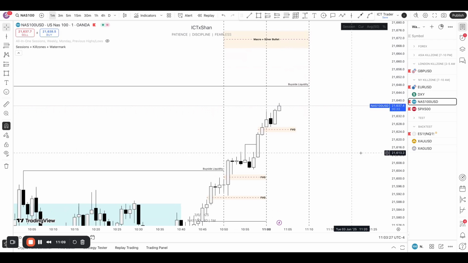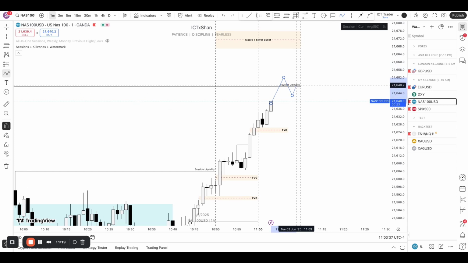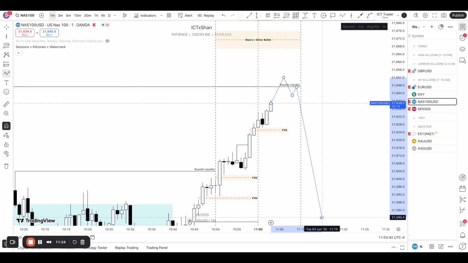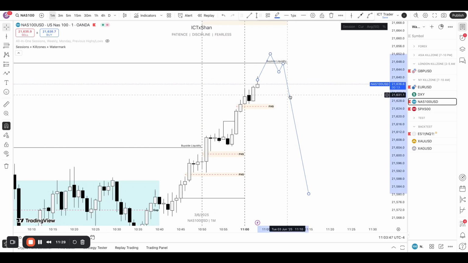There are some possibilities that NQ can take this high and then cross from here. So that's what I'm anticipating.